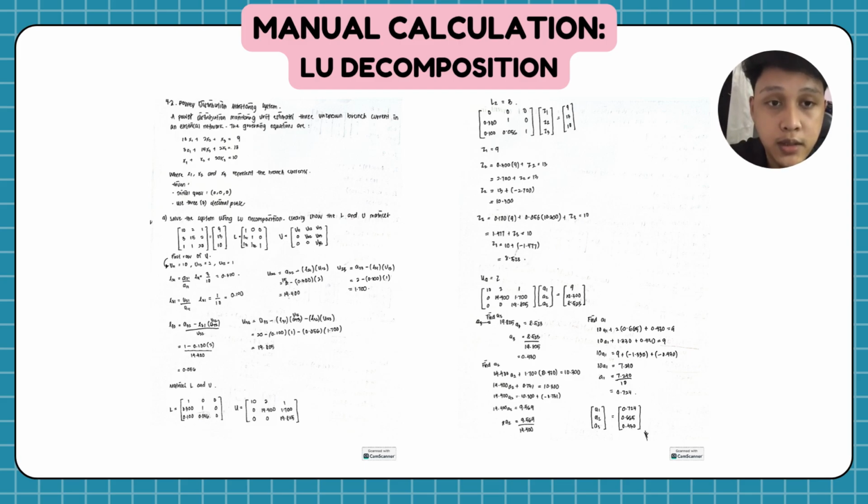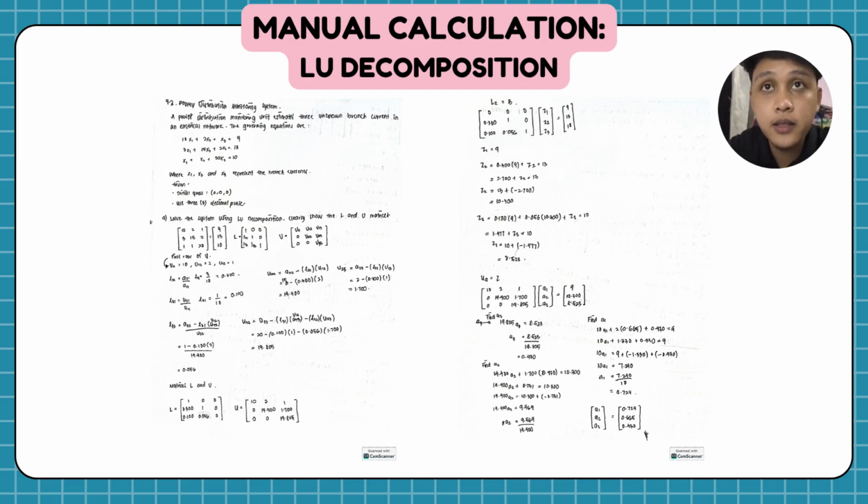Using LU decomposition, the system of equations is converted into matrix form, that is A times X equals B. The coefficient matrix A is decomposed into two matrices, namely the lower triangular matrix L and the upper triangular matrix U. As you can see in the slide, using the LU decomposition procedure, the first row of matrix U is obtained directly from matrix A. Next, the elements of matrix L are calculated using the elimination ratios.